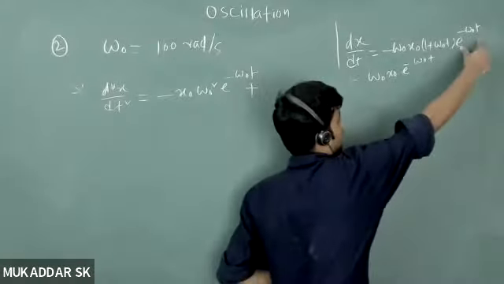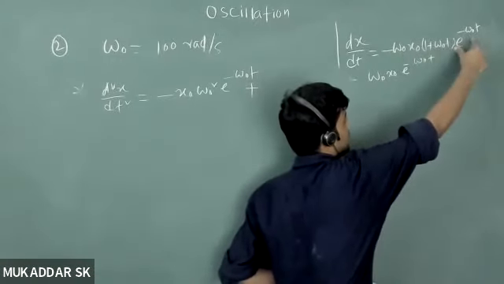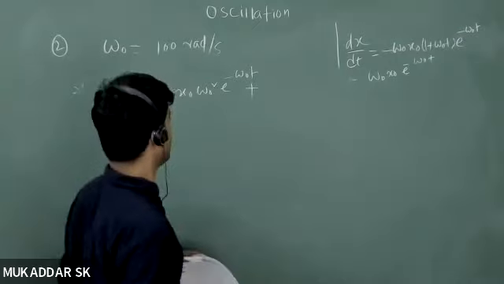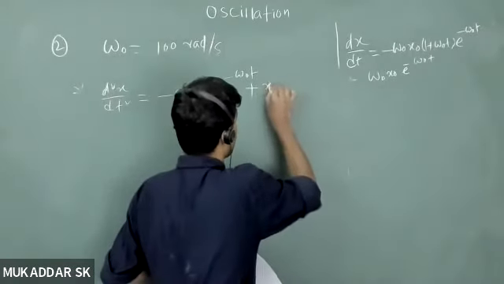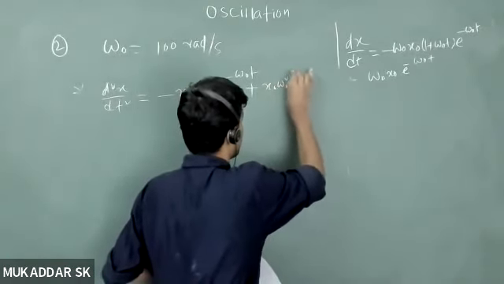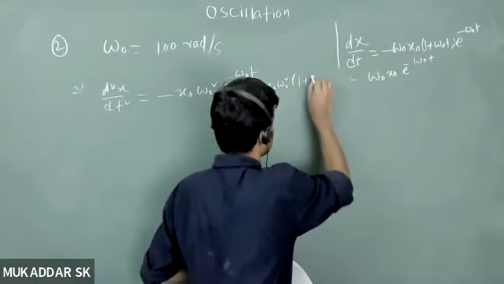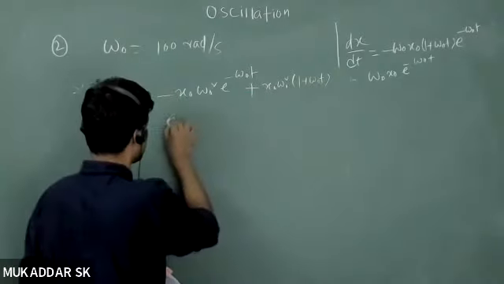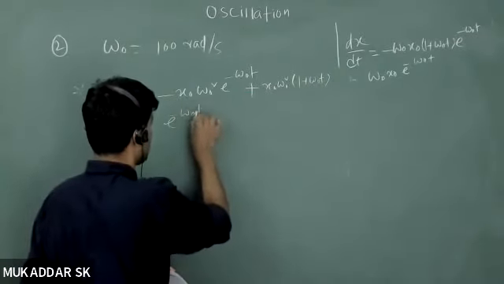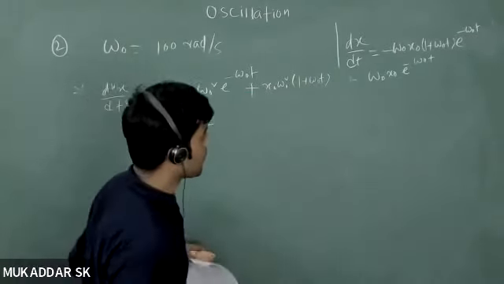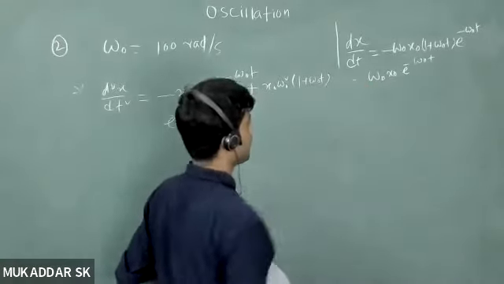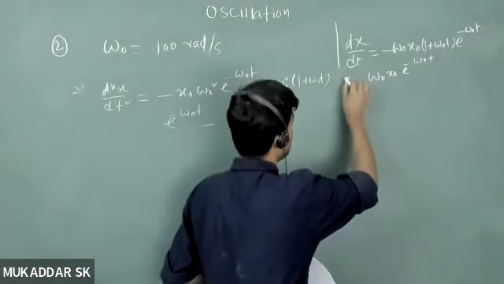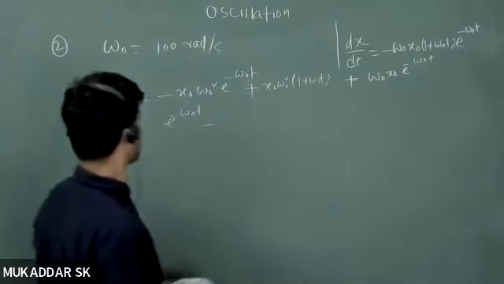Now I'll differentiate this part. I'll keep this as a constant. I'll differentiate this part, and that will provide you x naught omega naught square on plus omega naught t into exponential minus omega naught t. Okay. And you also have this term, right? And this is your actually plus sign, right?